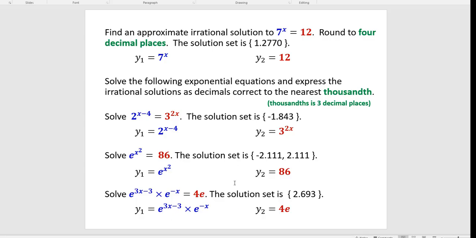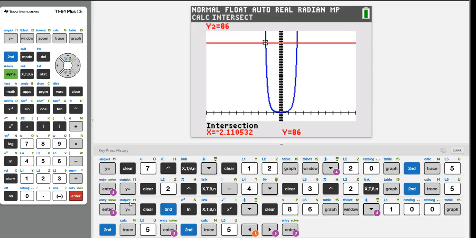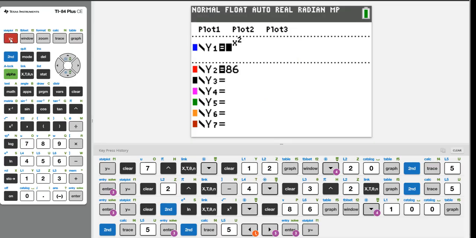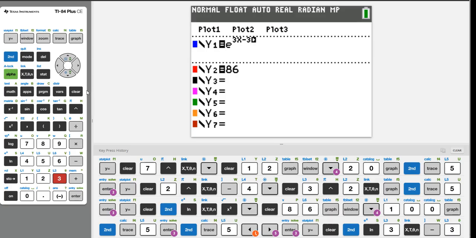To do the fourth problem on the TI-84 calculator, press y equals. Press clear to clear y1. Press second and the e to the x power. Type in 3x subtraction 3 and press the right arrow.